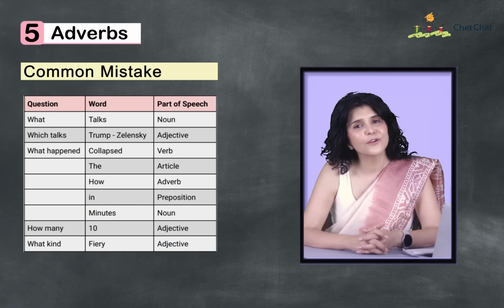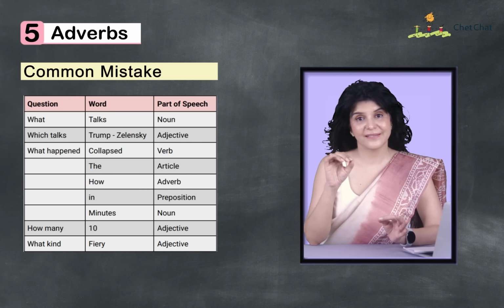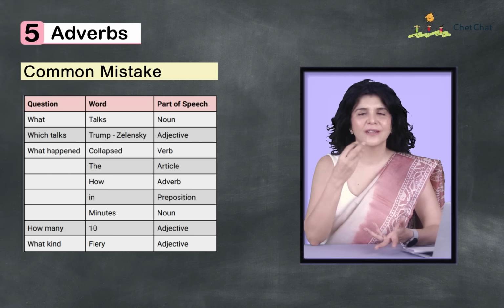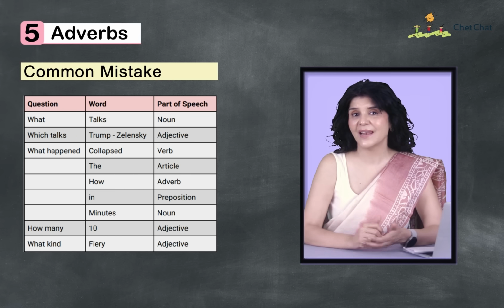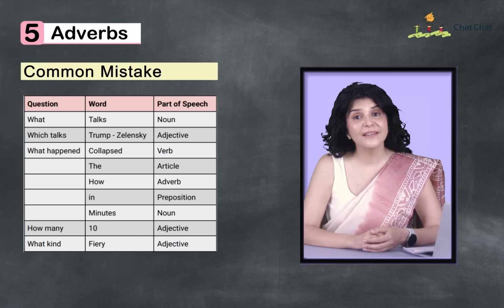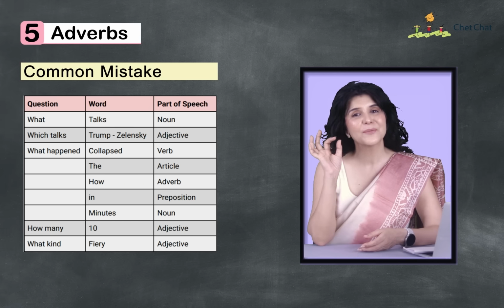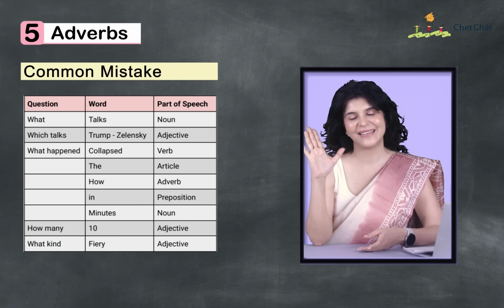What happened to the talks? Collapsed. Verb. The is an article. How is an adverb. In is a preposition. Minutes is a noun. How many minutes? 10. An adjective. Which kind? Fiery. Adjective. Just go word by word and ask the questions and you will get the answers easily.